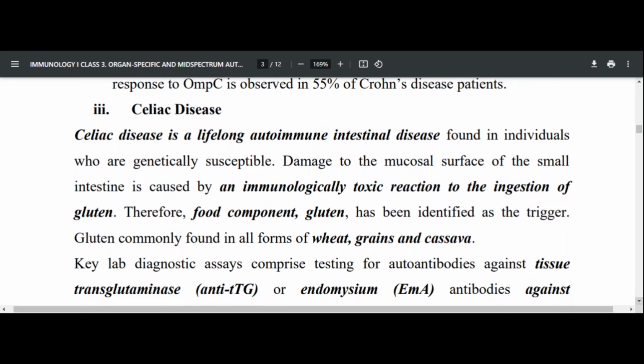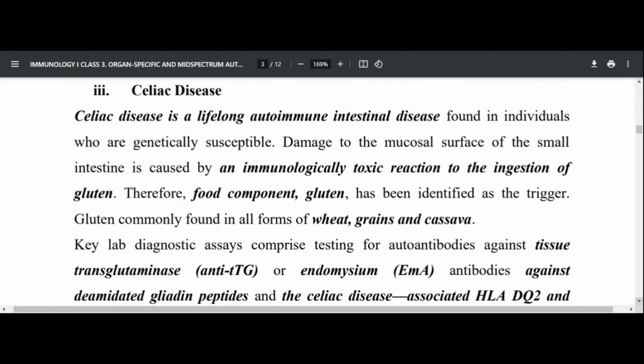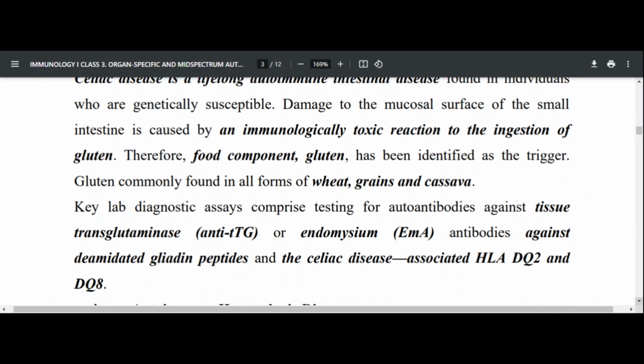So key diagnostic assays comprise testing for autoantibodies against tissue transglutaminase, anti-TTG, as well as endomysial antibody, which is an antibody against endomysium, and also antibodies against deamidated gliadin peptides, and celiac disease associated human leukocyte antigen DQ2 and DQ8.